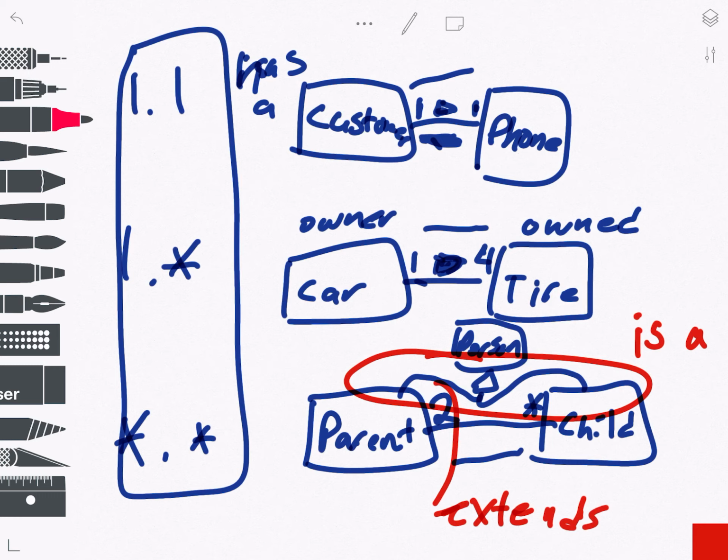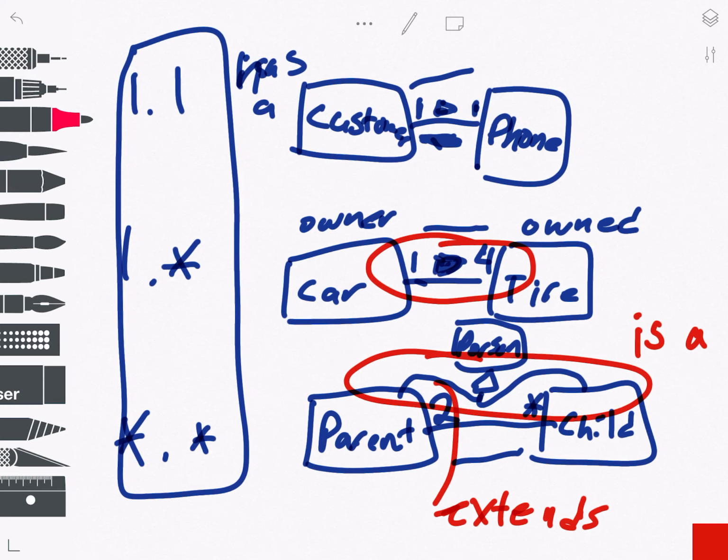Right, it cannot extend from any other class, right? Whereas these has a relationships, right? These has a relationships can have different numbers on each side. Okay, so the way that is a relationship gets implemented is using the extends keyword to tell me that this class inherits from another class.